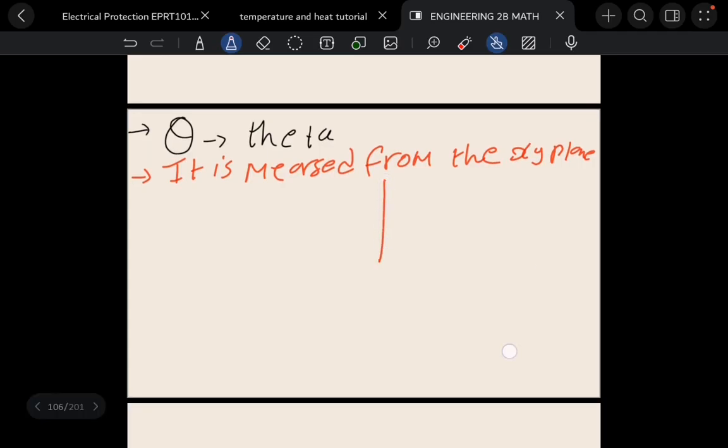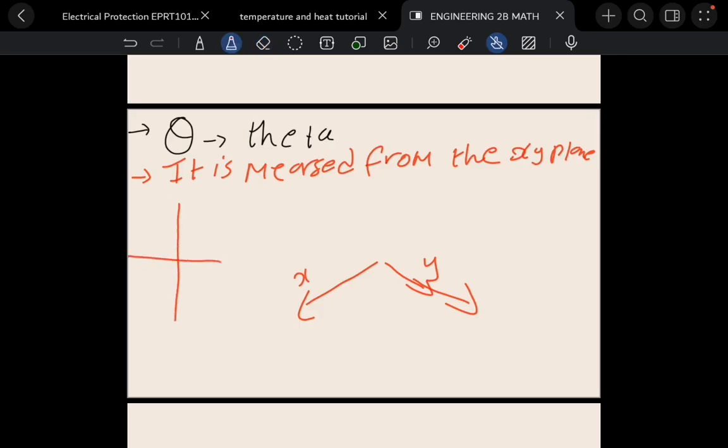Now if you have a three-dimensional space like x, y, z, to get the xy plane, we remove the z-axis and you'll be left with something like this. This one is y, and this one is x.